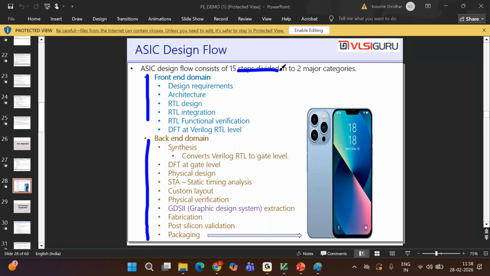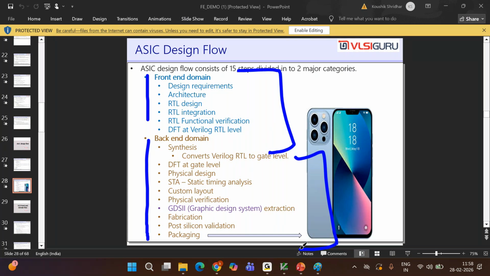Front end is 90% code, 10% tool. The tool is for simulation. In terms of backend, 90% is the tool and 10% is the code, where the tool work is the scripting. You will use TCL scripting to interact with the tool.